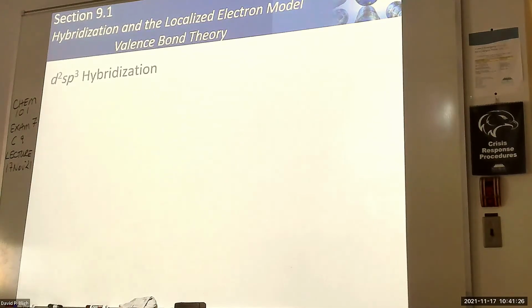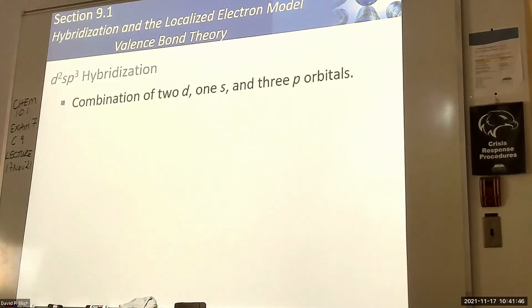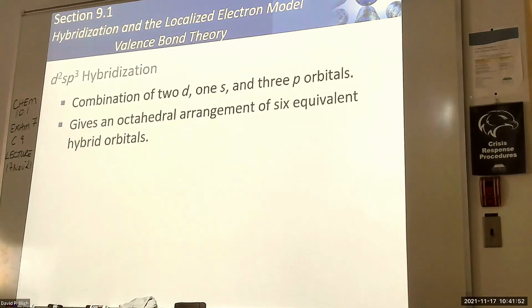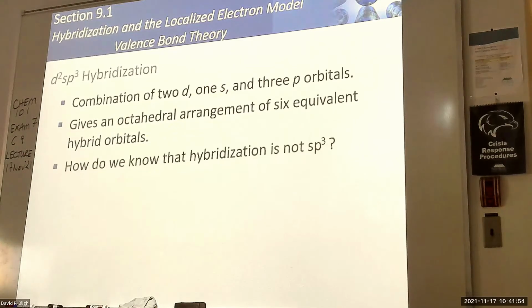In this case, they would be equivalent orbitals because all the bond angles would be 90 degrees, except if you have those apexes occupied. It's still octahedral, so we don't have to stretch our imagination much. D2sp3: we need 2 d orbitals, 1 s, and 3 p orbitals to hybridize and give us these equivalent hybrid orbitals.